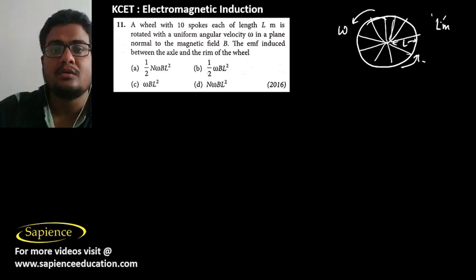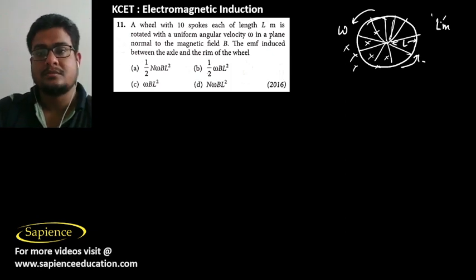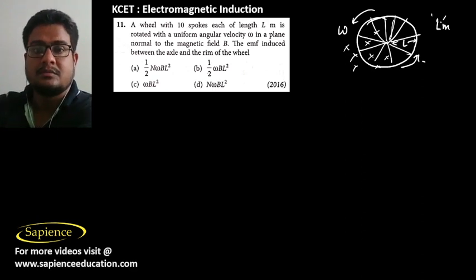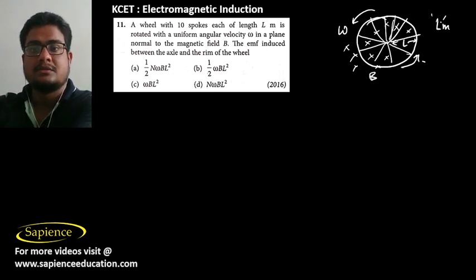A plane normal to the wheel, suppose there is some uniform magnetic field acting inwards.